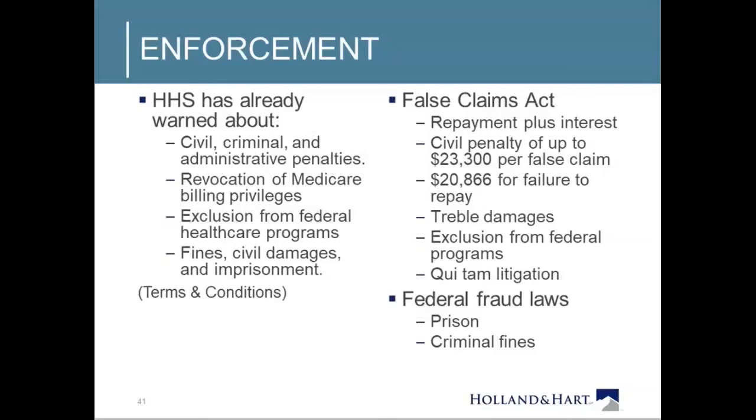For example, under the False Claims Act, if you are making false statements when you're submitting that attestation or when you're submitting the reports to the government, that can result in False Claims Act liability. That, at the very least, requires you to affirmatively report and make repayments to the government. In addition, if you fail to timely report and make repayments that are due, the government can impose additional civil penalties of up to $23,000 per false claim that's submitted.